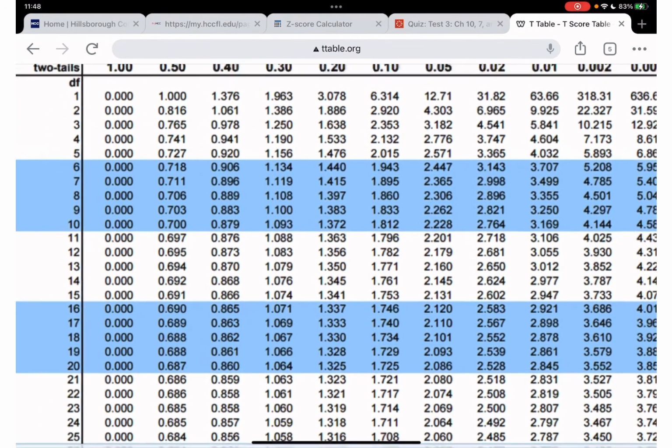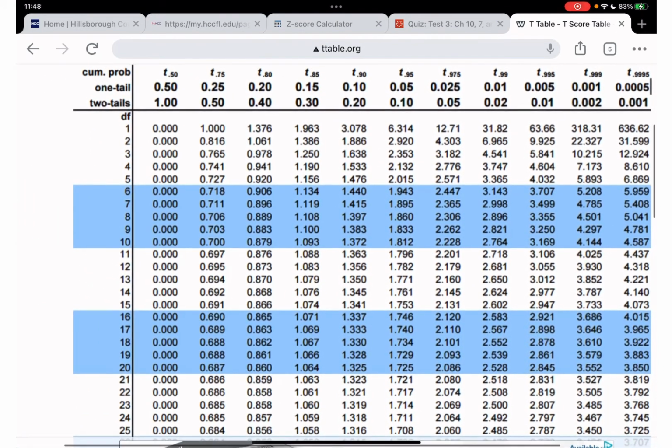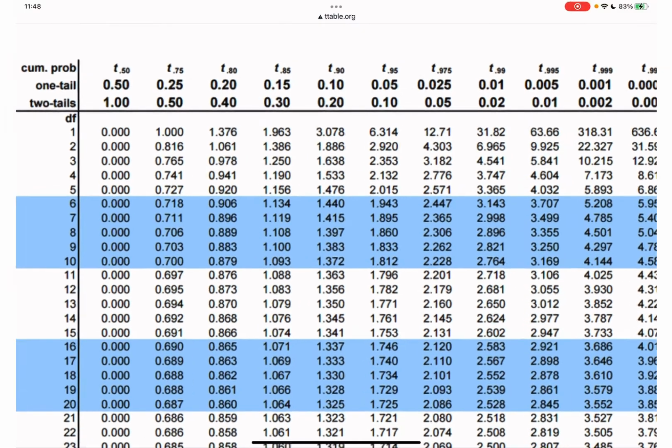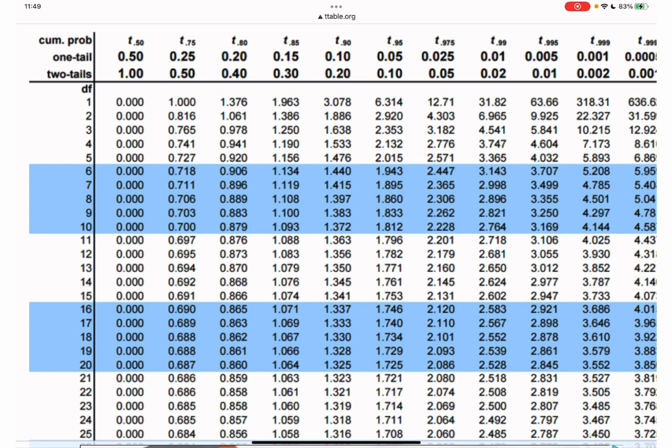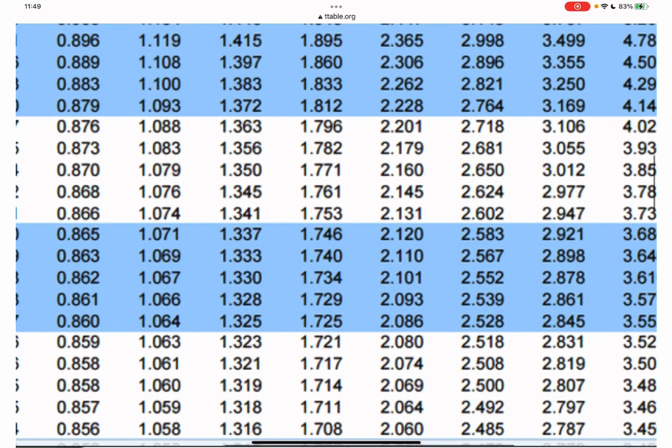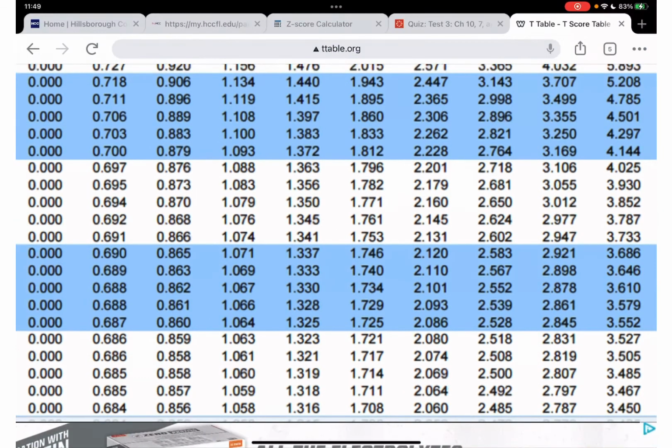This one, here it is, because 0.01 gives us a confidence interval T 99%, 0.99, and one tail 0.01, two tail 0.02. This is this vertical line, and I'm coming down to 22. I'm getting 2.508. Here it is, 2.508.